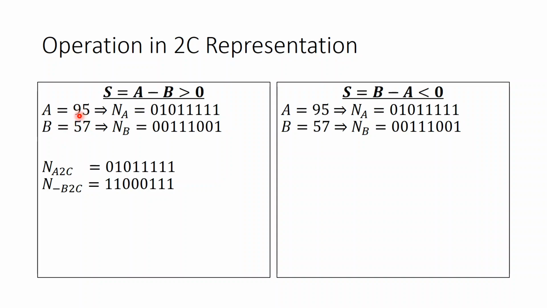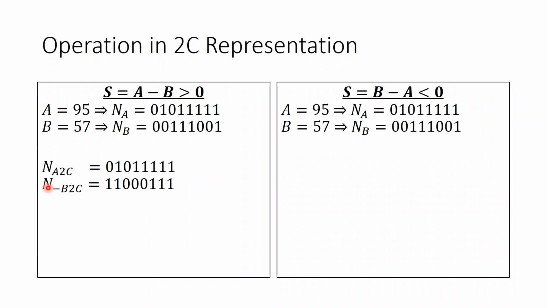So what I need is the 2's complement representation of 95 and minus 57. 95's 2's complement representation is already seen from here. So Na2c is the same thing as the sign magnitude representation, but what would be n of minus b? So we need minus 57, so minus b 2's complement.